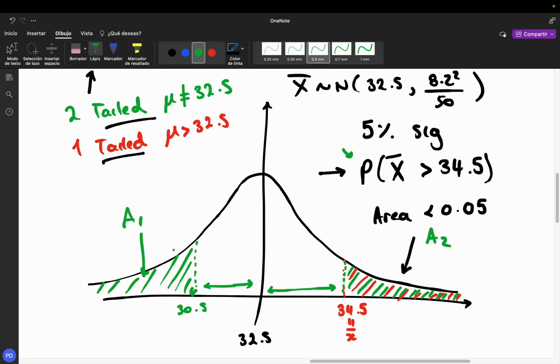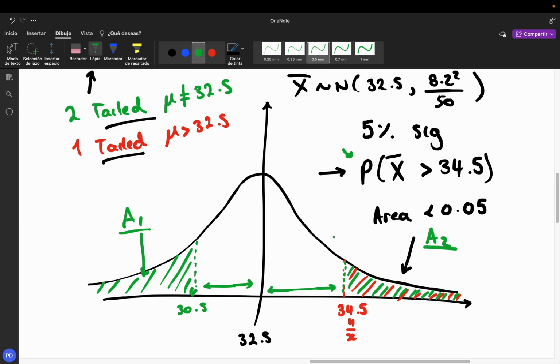Now I'm looking at two areas, because I want to see the chances of me being greater than or equal to 34.5, this extreme, or it being less than, because I've got a little bit of symmetry, that would be less than 30.5. This is for a two-tailed.